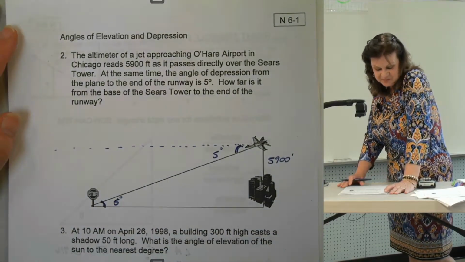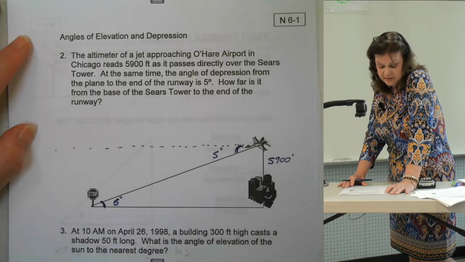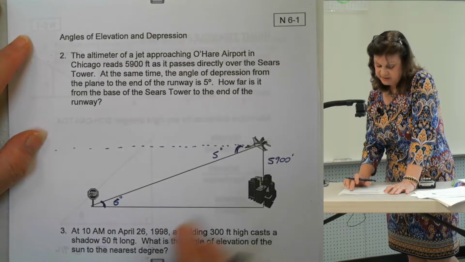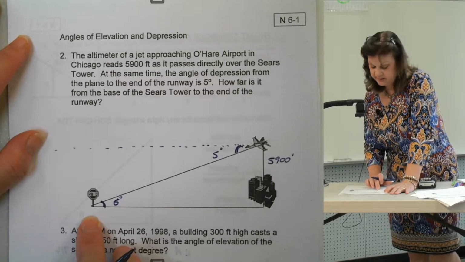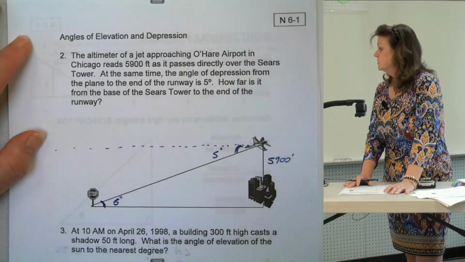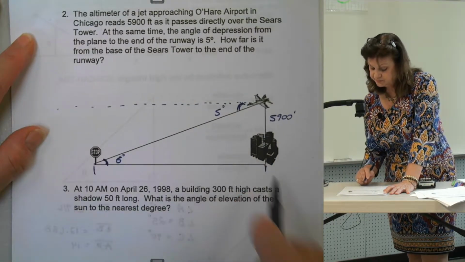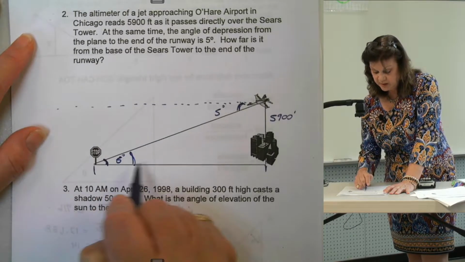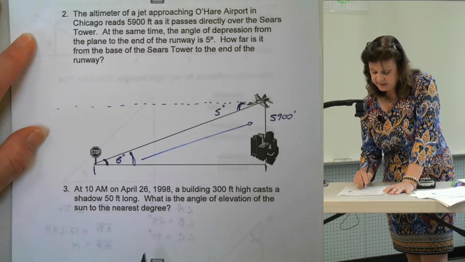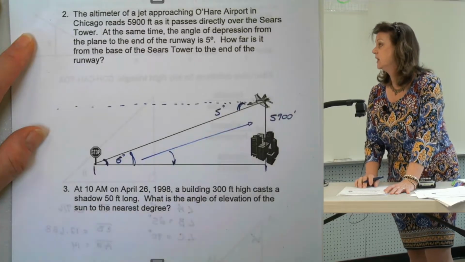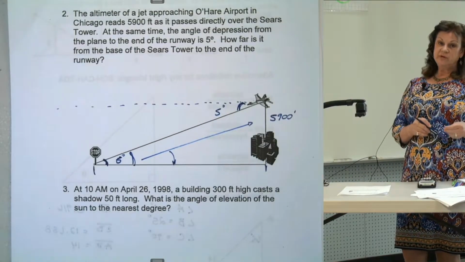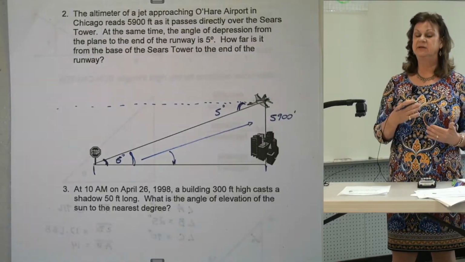So, all right, how far is it from the base of the Sears Tower to the end of the runway? So the distance I'm looking for is here. I've got an angle, I have an opposite height, and I'm looking for the adjacent height. So what trig function pulls in opposite and adjacent?